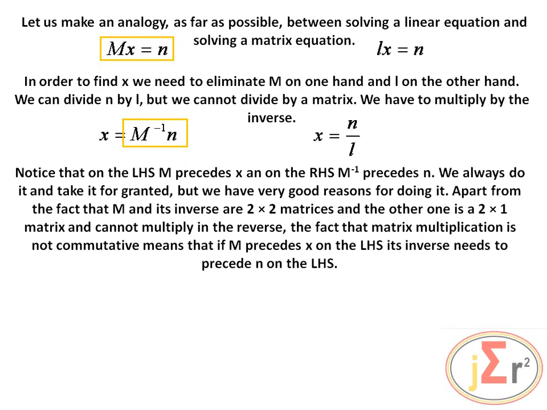Because matrix multiplication is not commutative, therefore, if M precedes what we have representing the matrix, which is X, on the left hand side, its inverse must precede N on the right hand side. Therefore, although we have 2 by 2 matrices and we may multiply in any order, we need to be mindful of the fact that matrix multiplication is not commutative.